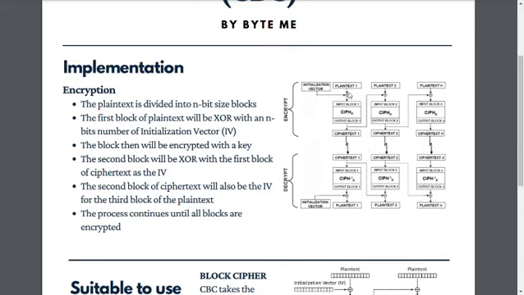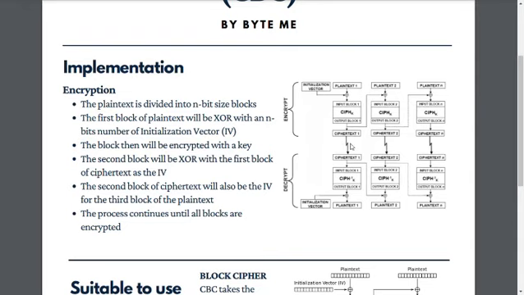For plain text 1, the IV will be a random number that is chosen by the user. But for plain text 2, the IV depends on the outcome of ciphertext 1 here.